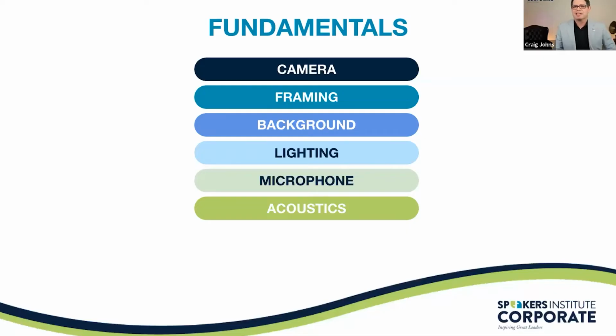Okay, next one we're going to dive into is your acoustics. The sixth one here is acoustics. That has to do with how you set up in your room. Sometimes you might hear really tinny sound where there are lots of hard surfaces and the sound is bouncing off everywhere.